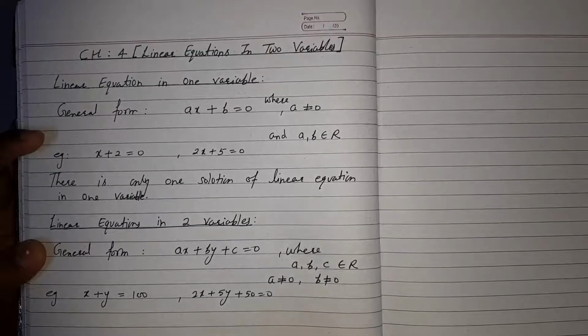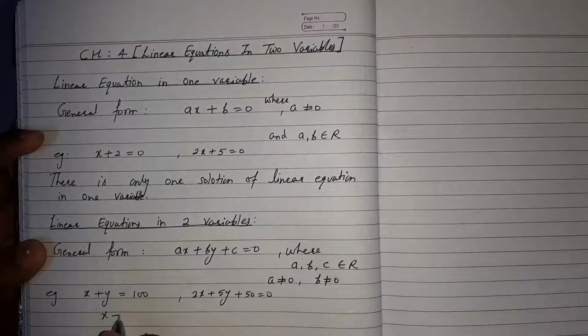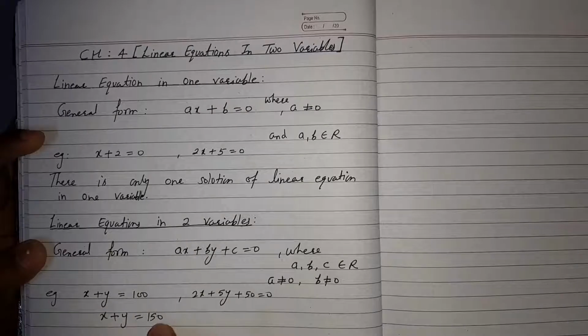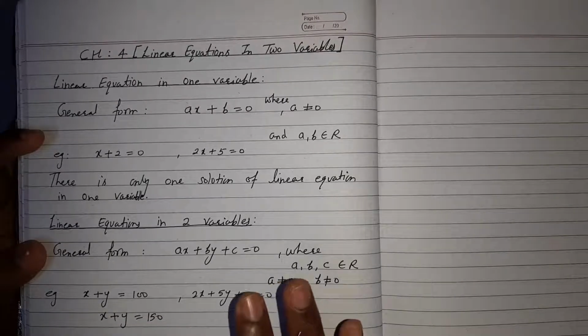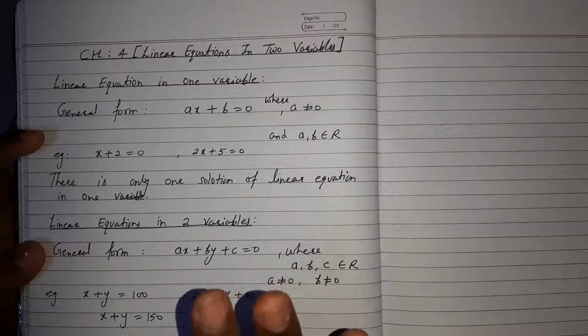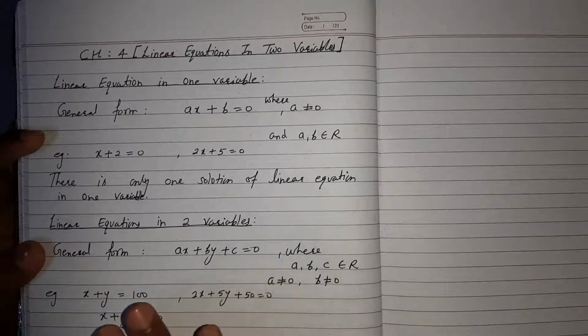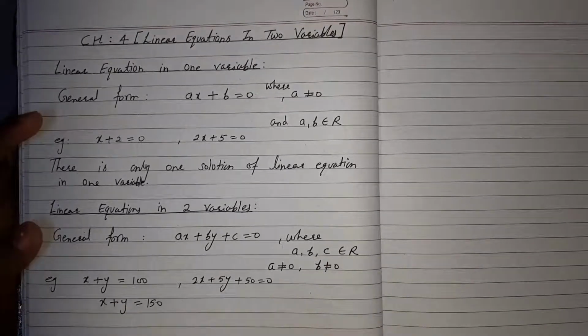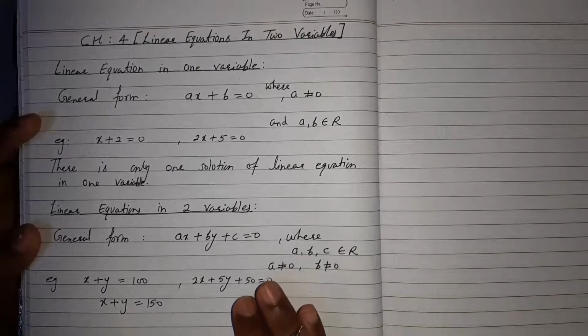So the total run will be x plus y is equal to 150. This is a linear equation in two variables, because here we are using two variables, x and y, and we don't know the value of each variable, but we know that the sum of these two is equal to 150. So this is an example of a linear equation in two variables.